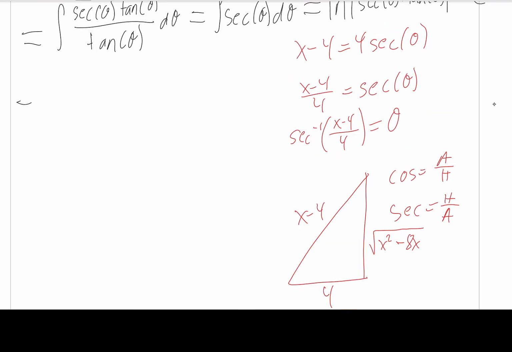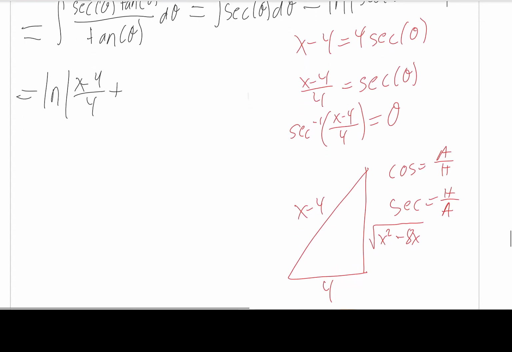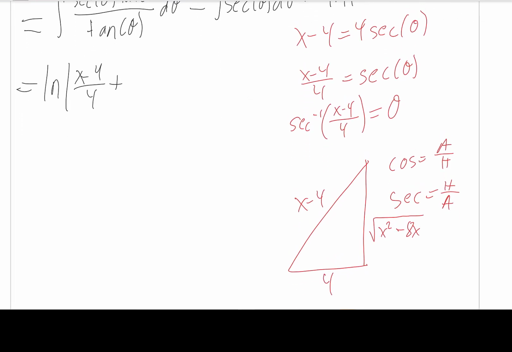And so this will give us the natural log of the absolute value of secant theta, which we already know is equal to x minus 4 over 4. This is x minus 4 over 4, plus we had tangent theta, so it should be opposite over adjacent. Right, remember we're using theta there. So opposite over adjacent will give me square root x squared minus 8x over 4, and then plus c.